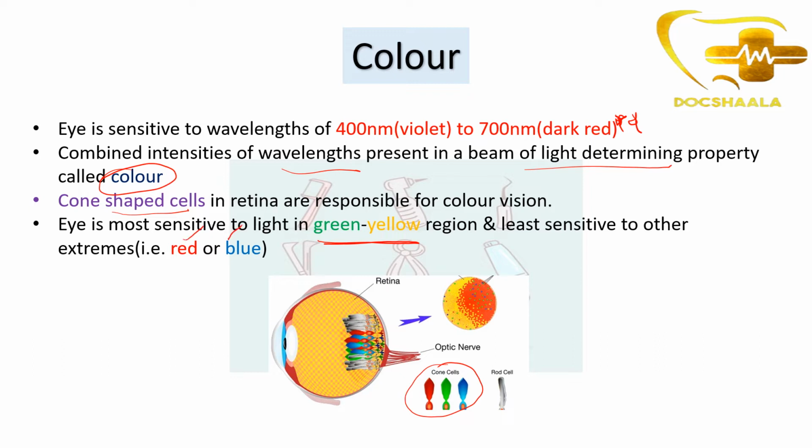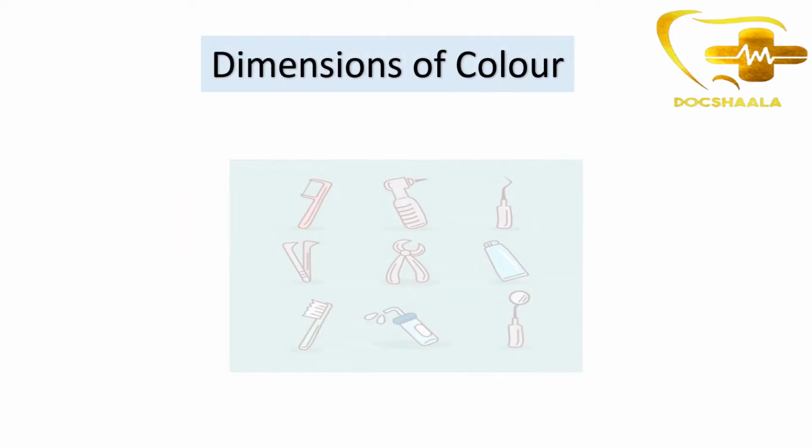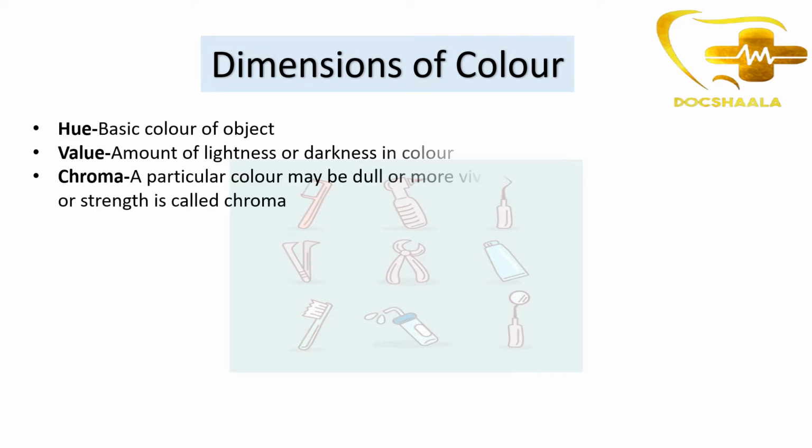Coming to the dimensions of the color, we have three dimensions of the color. Everybody knows what they are. The three dimensions of the color are hue, value and chroma. Hue is the basic color of the object, whether it is red, green, blue and so on. Value is the amount of lightness or darkness that is present in the color.